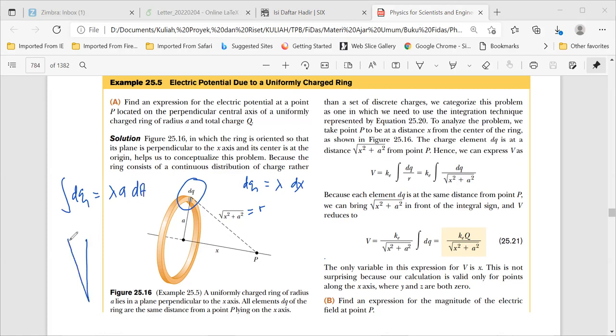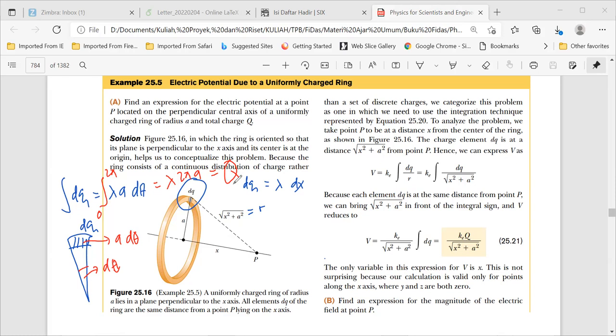If we draw, this is dq, and this is d theta, so the length of this line is a d theta. The integral should be from 0 to 2 pi. So this should be lambda 2 pi a, which is capital Q, the total charge.